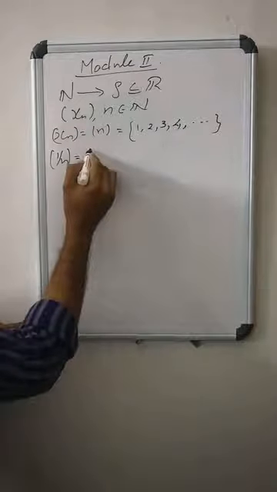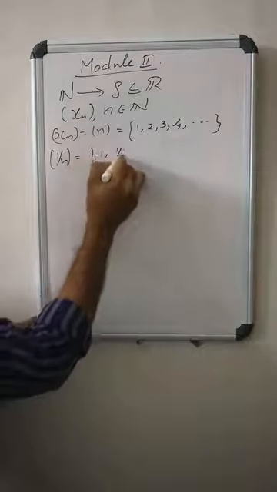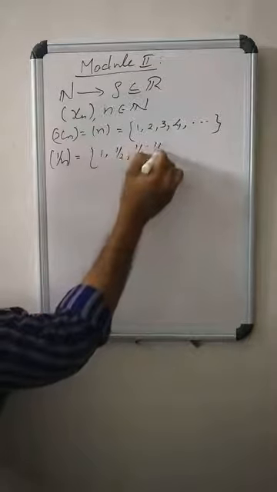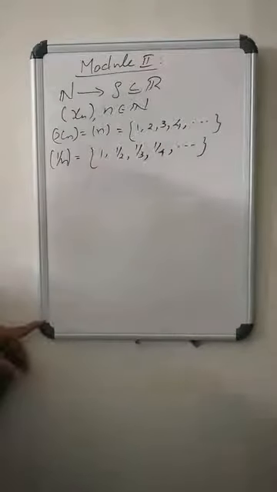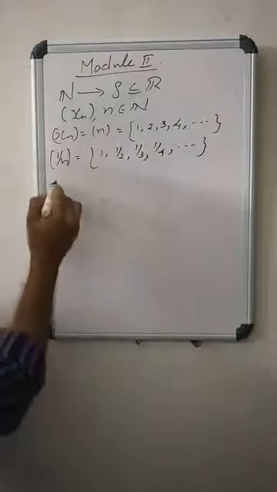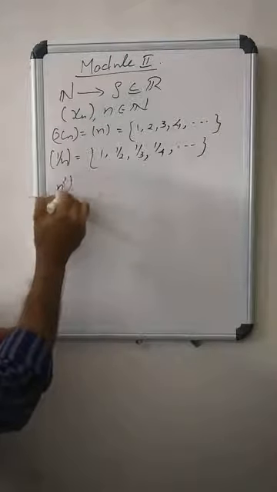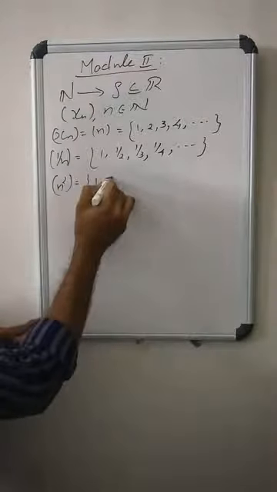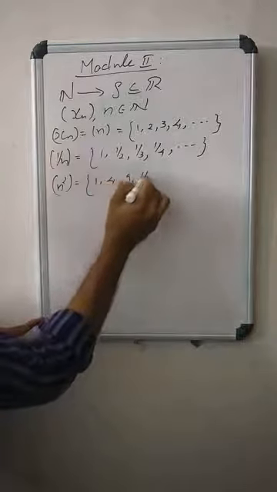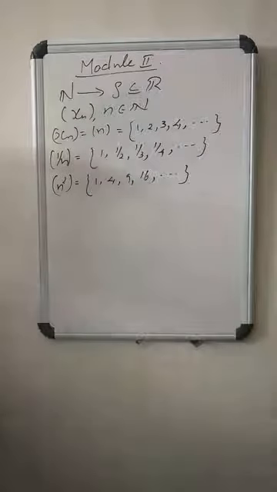What is it? It is 1, 1 by 2, 1 by 3, 1 by 4, etc. What is the sequence n square? It is 1, 4, 9, 16, etc. So these are the sequences.